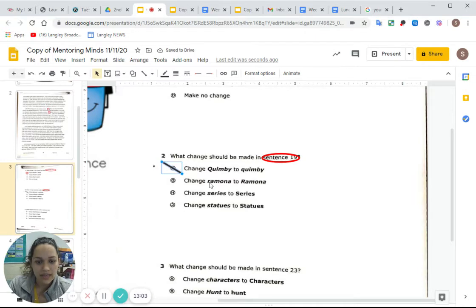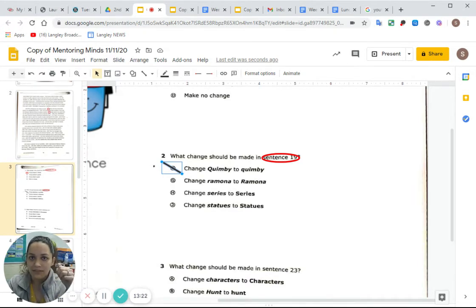What about G? Change Ramona with a lowercase r to Ramona with a capital R. Well, is that the specific name of that series, or the specific name of that book, Ramona Quimby? Yes, it is.